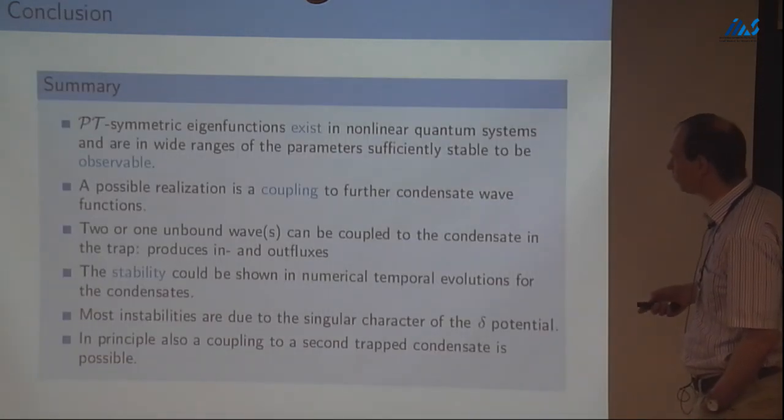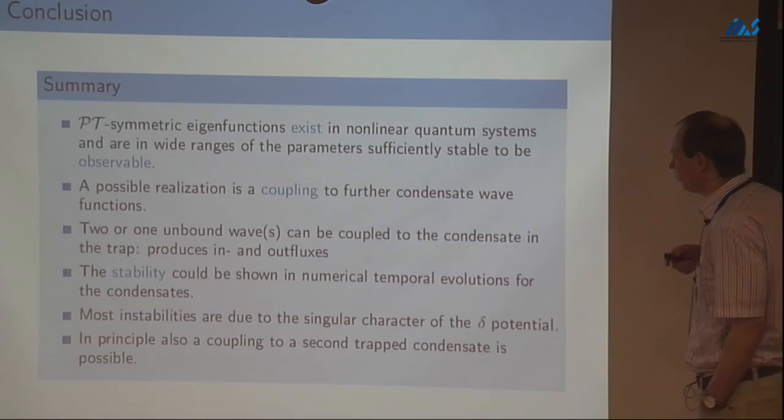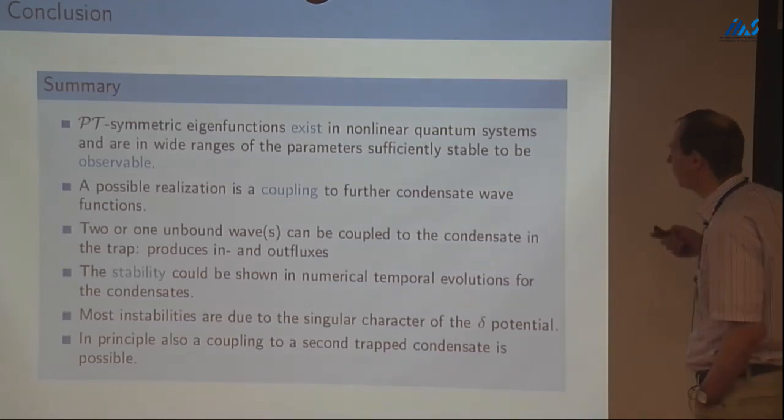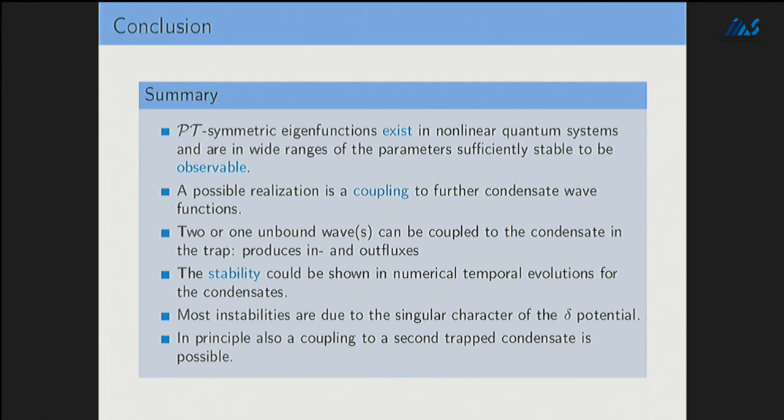So in conclusion, we looked at PT-symmetric eigenfunctions which exist in these nonlinear quantum systems and are in wide ranges of the parameters sufficiently stable. We showed also that these solutions which can appear with these imaginary potentials can be implemented by a coupling to further condensate waves or by this 4-well setup maybe.